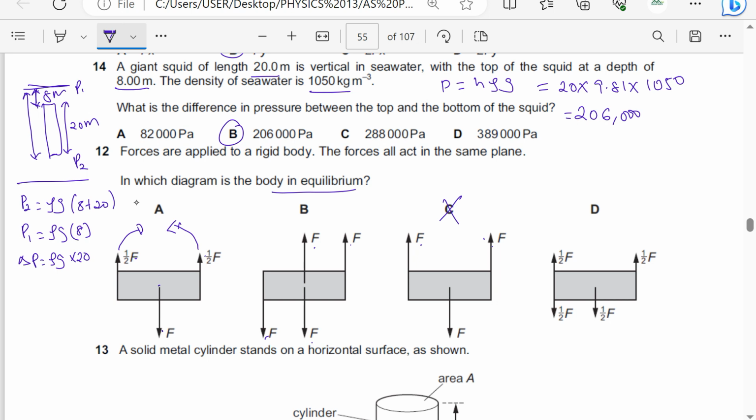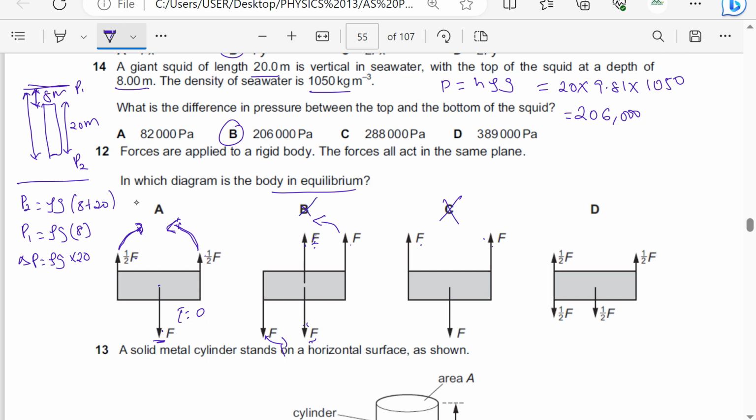So the resultant torque here is going to be 0, because the clockwise moment is countered by the anti-clockwise moment, and this F is acting through the center, so it causes no moment. This one is countered by this one. The ones at the center have no moment, but this is causing an anti-clockwise moment. The resultant is anti-clockwise, so this one is out.